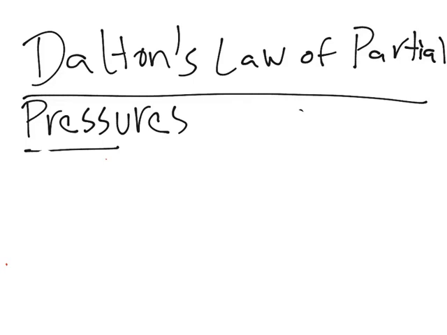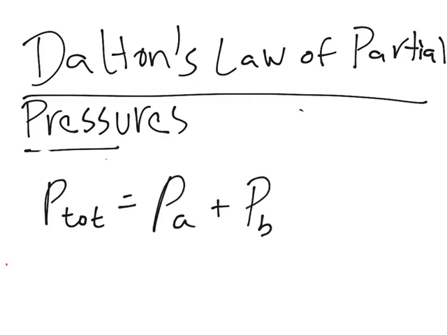He said that the total pressure will be equal to the sum of all the partial pressures. So total pressure will be equal to the pressure of the first gas plus the pressure of the second gas, plus there could be a third gas, a fourth gas, depending on what you're trying to solve.